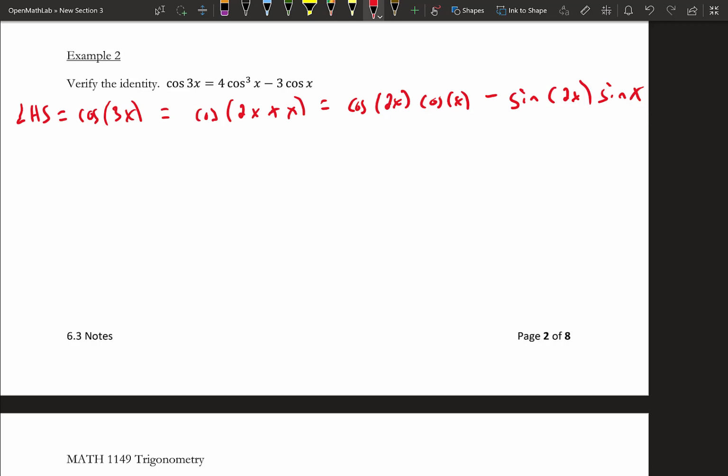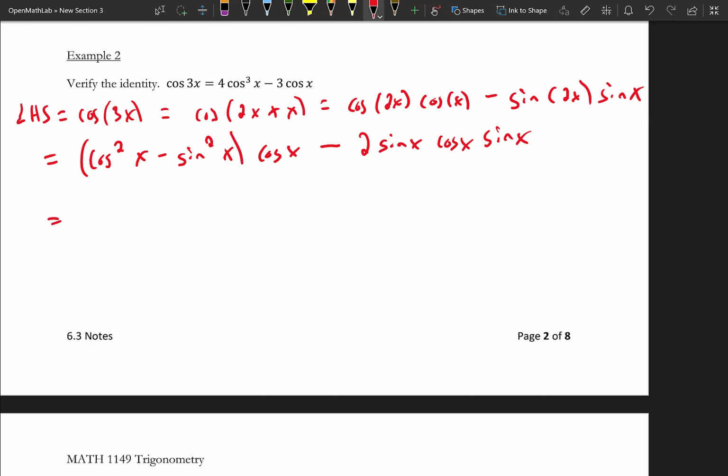And then we know what cosine of 2x and sine of 2x are equal to, so we can substitute those in. So we could do, cosine squared x minus sine squared x times cosine of x. Then we'd have minus 2 sine x times cosine x times sine x.